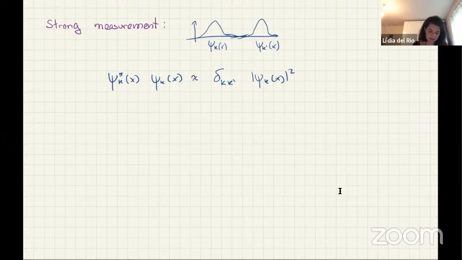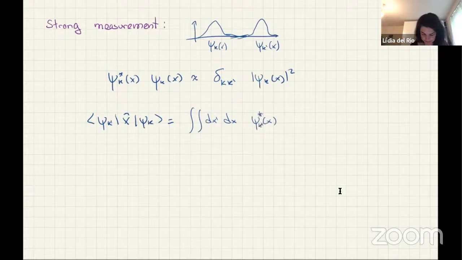So in this case, if we want to compute this expectation value, then again, you'll end up with these two integrals, x of K prime, and the wave function for K multiplied by X, right?